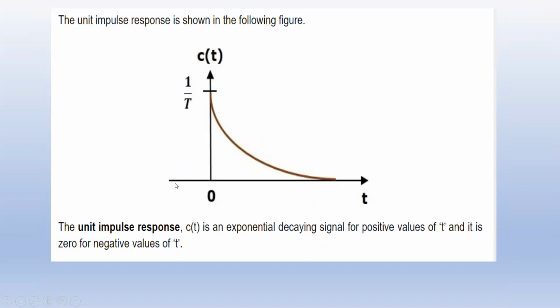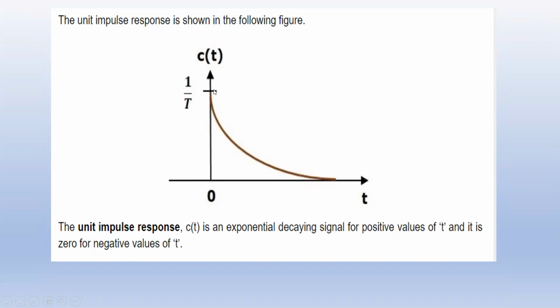We have given the system an impulse signal situated at t equal to 0, and when we give it to the first order system with time constant capital T, what we have is an exponentially decaying signal.